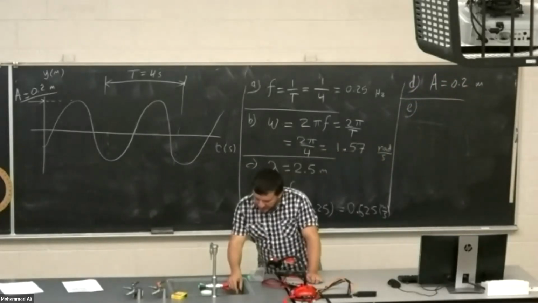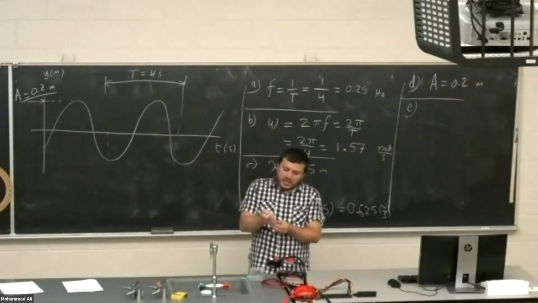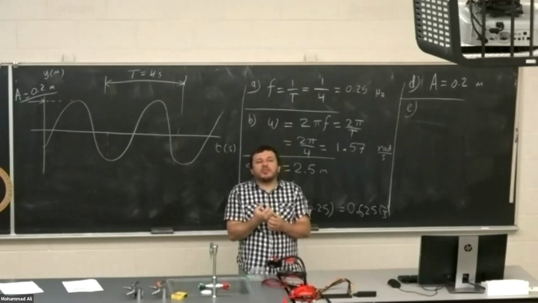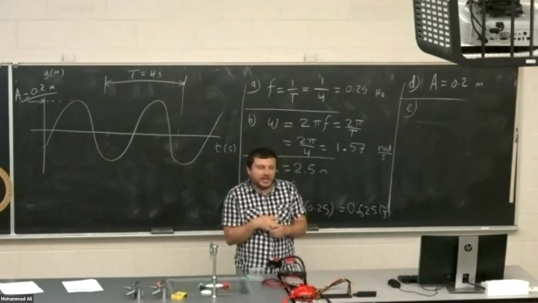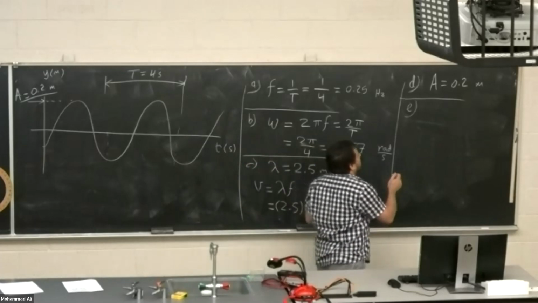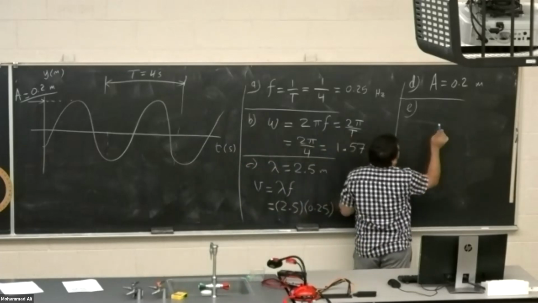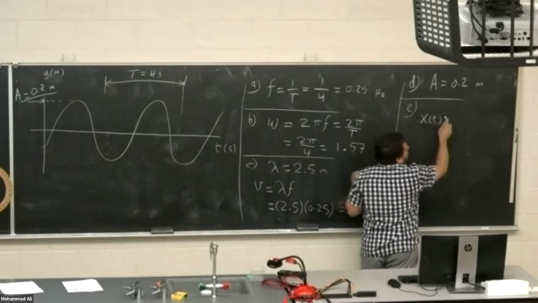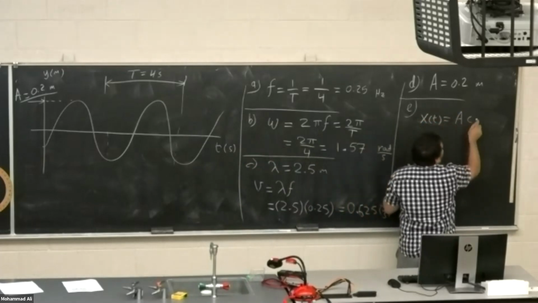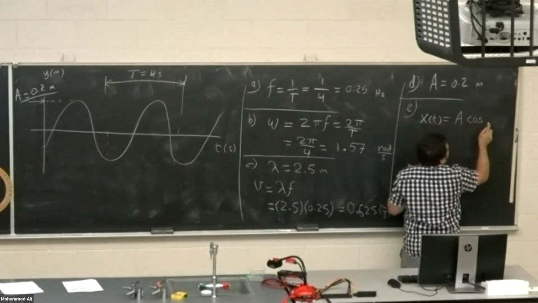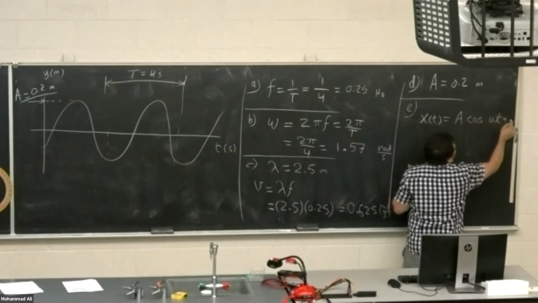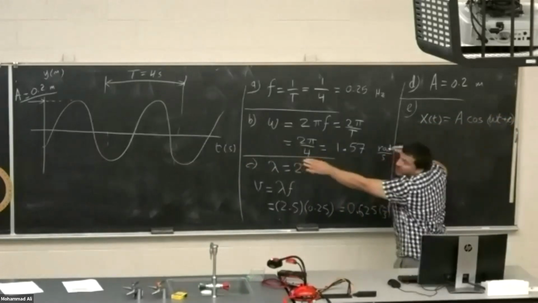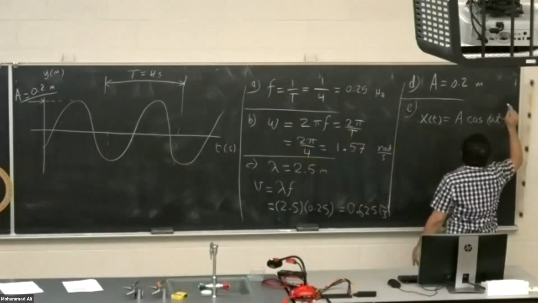The relations contain sine, cosine, or something like that. If you remember, x as a function of t is equal to the amplitude times cosine of omega t plus phi, and I always told you phi is equal to 0. It is not 0 here, but I will assume it's 0. It's okay.